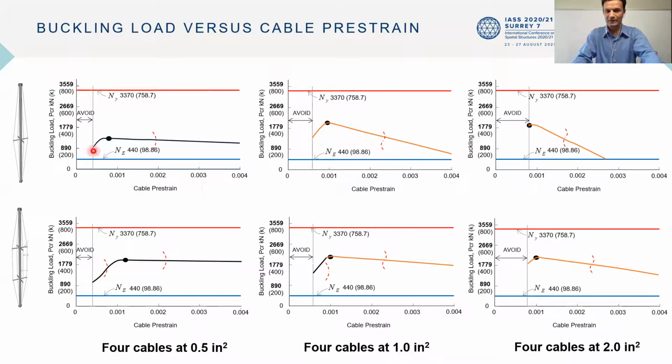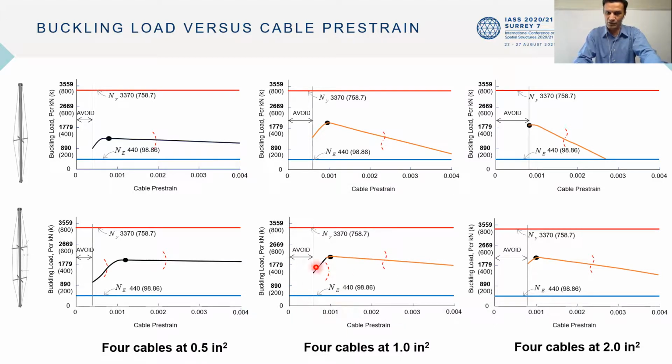And what we recognize is that when you have cable areas of 0.5 square inches, the eigenvector or the buckling mode is the single lobe mode throughout for any value of pre-strain. But with higher cable areas, you get the two lobe mode, which is the anti-symmetric mode of buckling, to be formed before the one lobe mode, which is the symmetric mode of buckling.